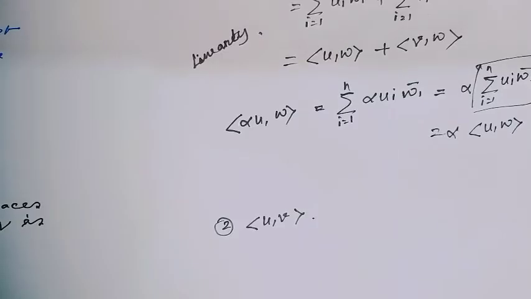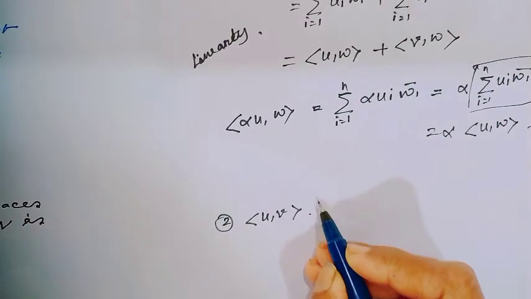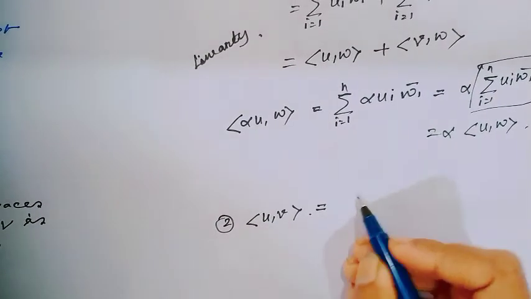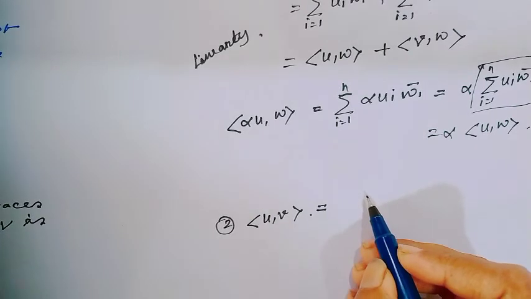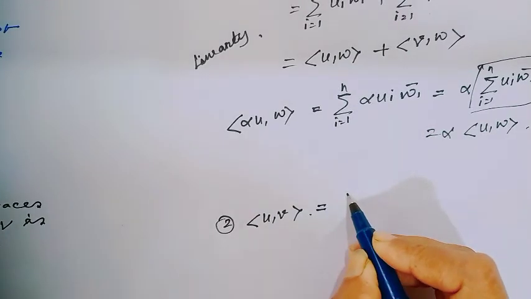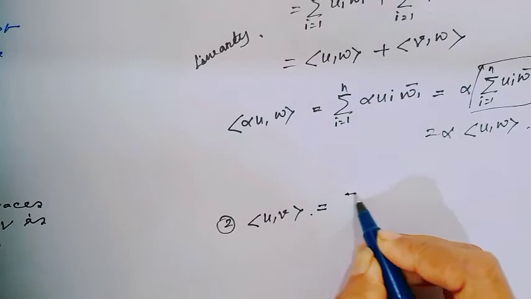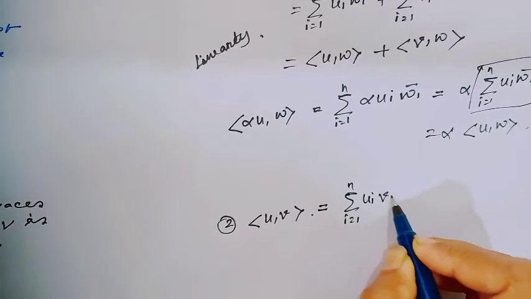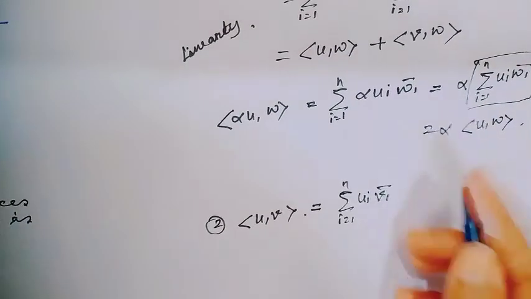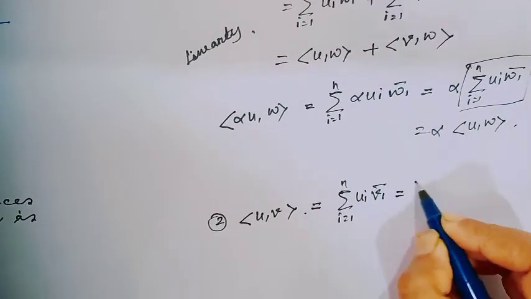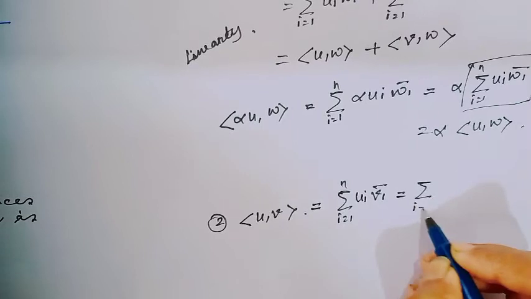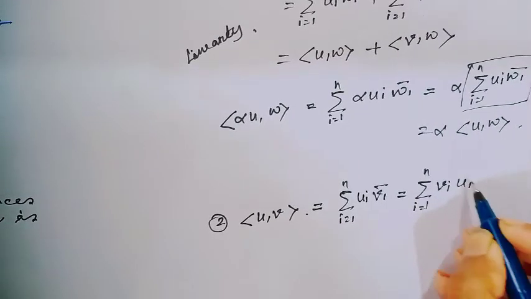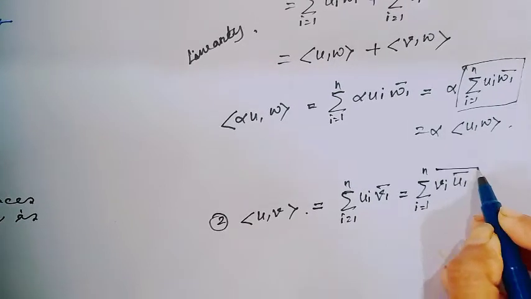Now I will see our second property. The second property is the conjugate symmetric property, where the inner product of u, v, we all know, is equal to summation i equal to 1 to n of ui vi bar. And which we can write as summation i equal to 1 to n of vi ui bar, the whole bar.